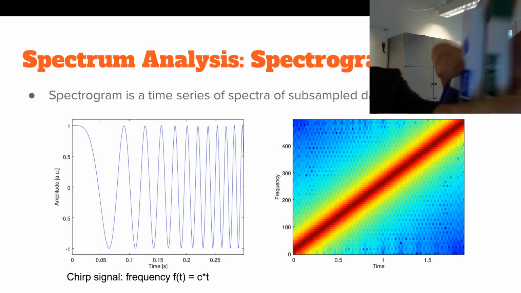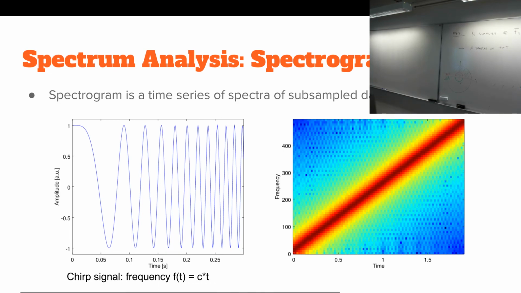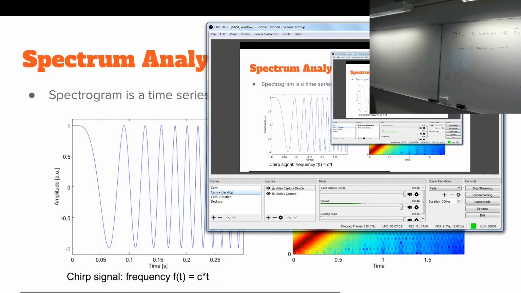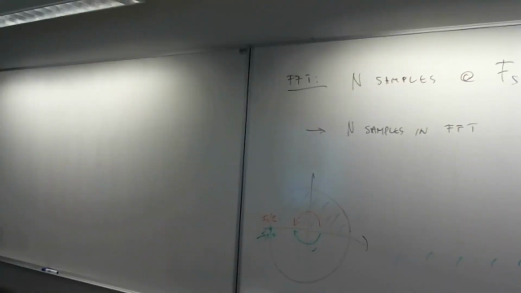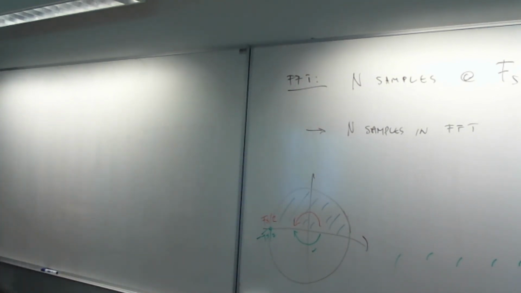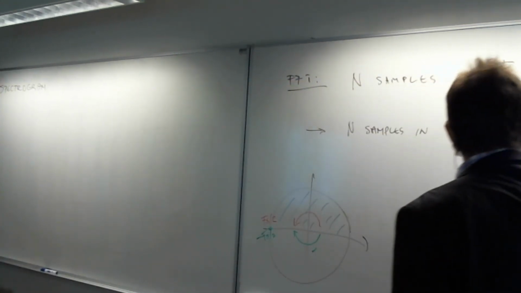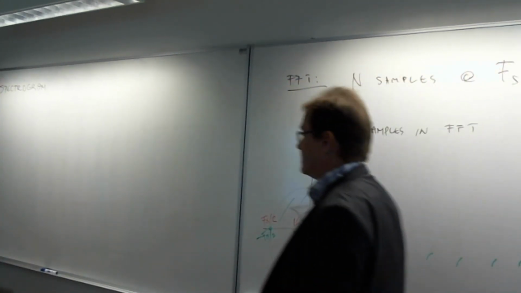All right, so spectrogram requires a little bit of explanation again. Basically, a spectrum has n samples like that one.